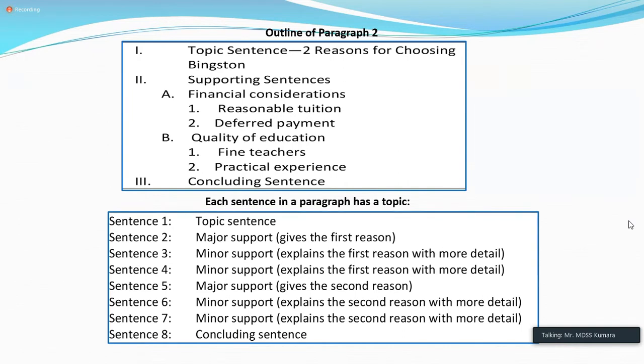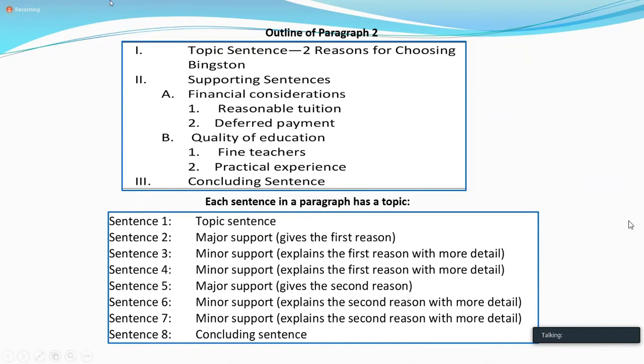And especially, we should know that writers use every sentence with a particular purpose. The writers do not use irrelevant information in a paragraph. Therefore, we should be able to read and understand the topic of each and every sentence in a paragraph.